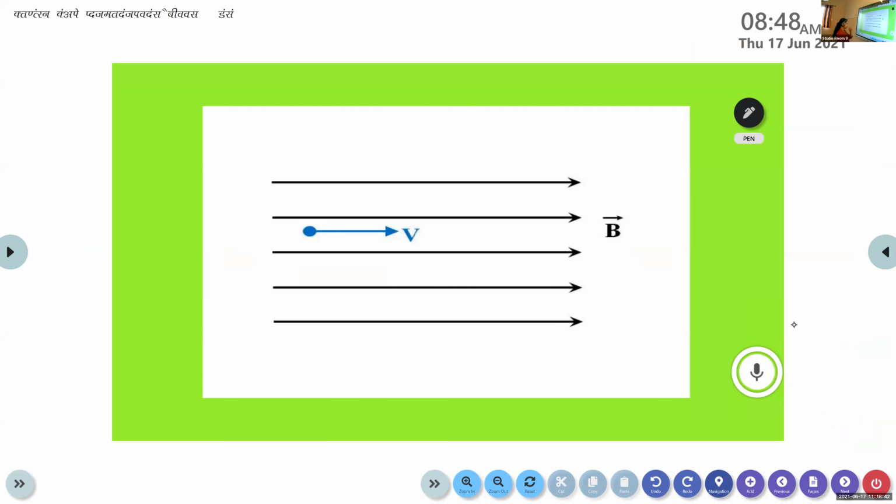So this is the exact figure. Here the charge particles are moving parallel to a magnetic field. Here the direction of the charge particle and that of the magnetic field are along the same direction. So the angle theta between them is equal to 0. So the force is equal to 0 whenever the charge particle is entering parallel to a magnetic field.